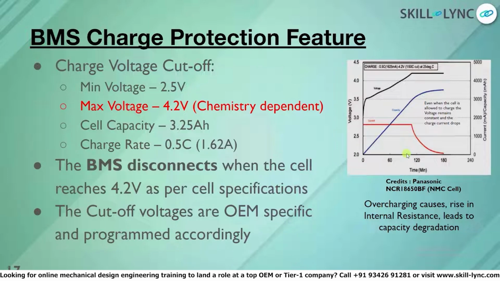So that is what happens with BMS. The same happens with the BMS charge protection. Even if the BMS has to disconnect it completely, we should be careful enough that it is not still connected to the charger, because there will be a certain amount of charge which will always be flowing through it, and the cell or the battery pack will always be at high voltage potential where the internal resistance is always high, and a cell or a pack having such high internal resistance is not good at all.